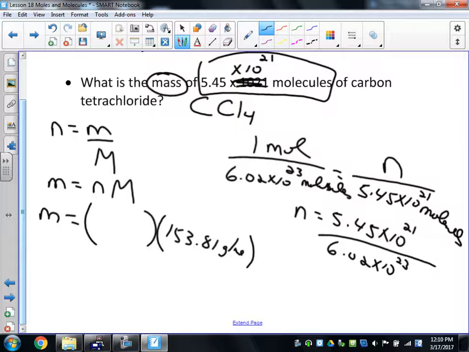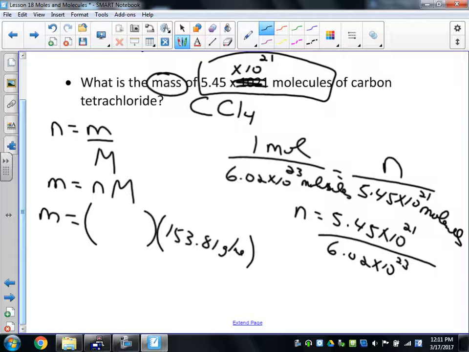Okay. That works out to be, let's see here, times 10 to the 21. Messed that up. Let's try that again. Divided by 6.02 times 10 to the 23.